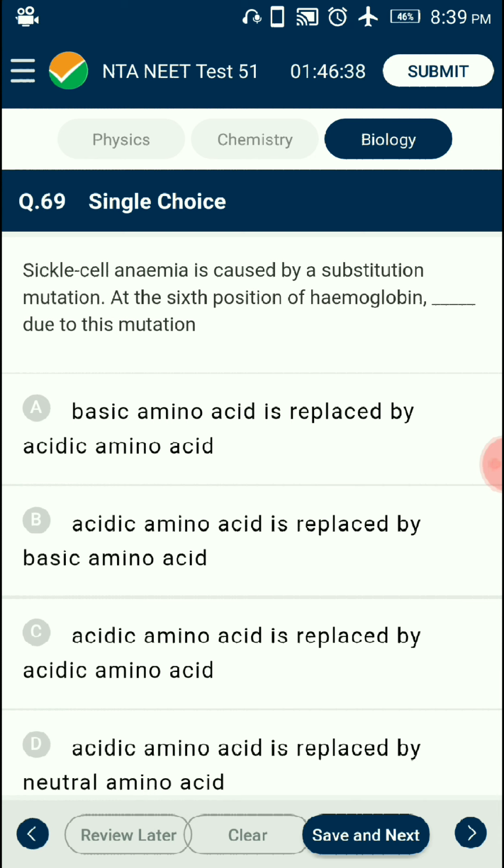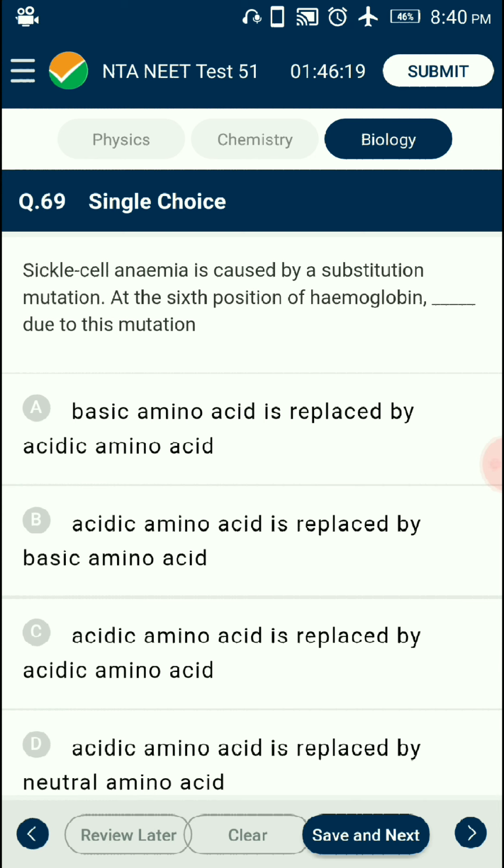Question number 69. Sickle cell anemia is caused by the substitution mutation at the sixth position of hemoglobin. Sickle cell anemia is an autosomal linked recessive trait disorder. It is controlled by a single allele HbS.